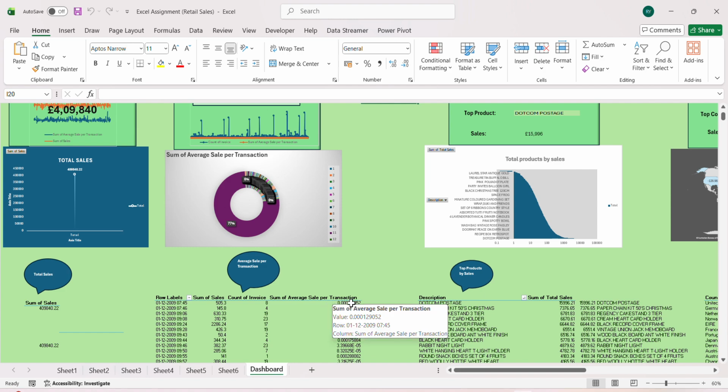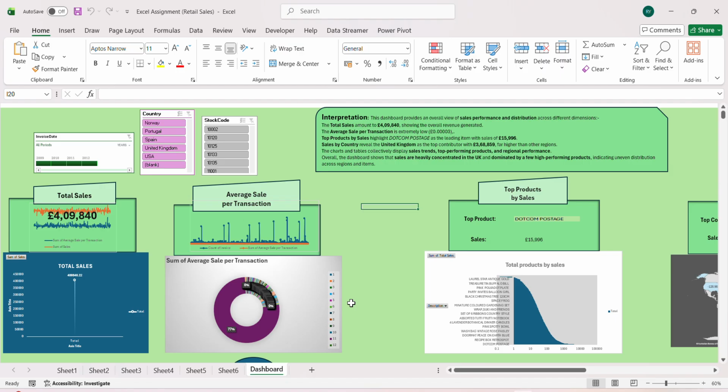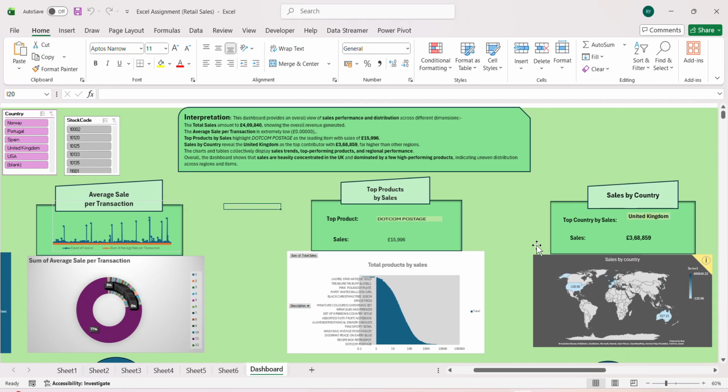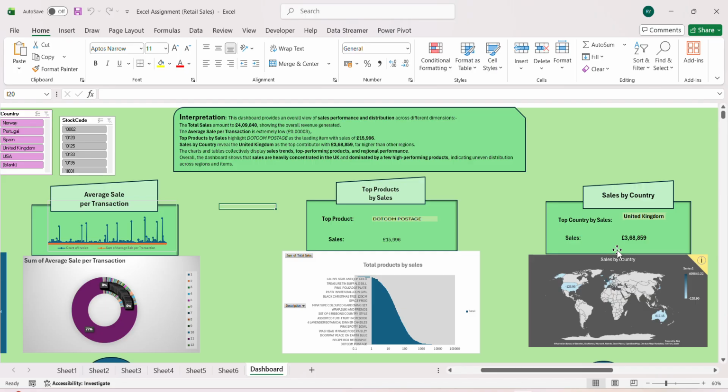The top product by sales is leading with the sales of this. And sales by country reveal that the United Kingdom is the top contributor, far higher than other regions.